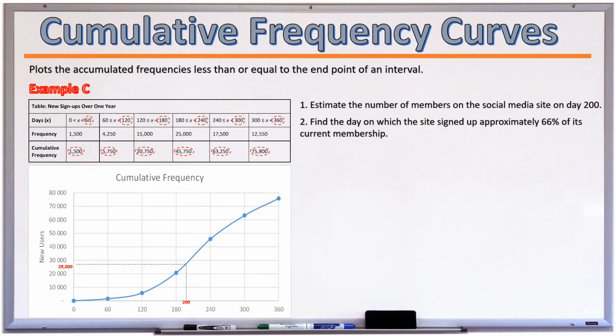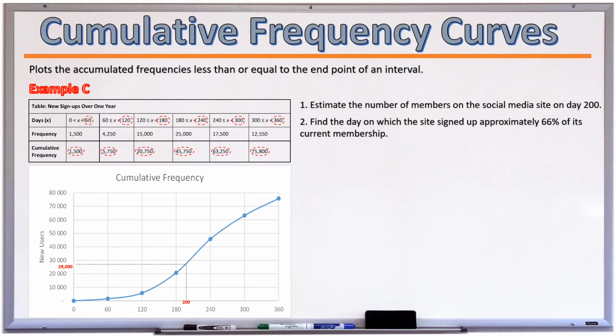Part 2. Here, we need to find the number of members representing 66% of the total membership of the site. If the total number of members at the end of the period amounted to 75,800, then 66% of this represents 50,028 members.